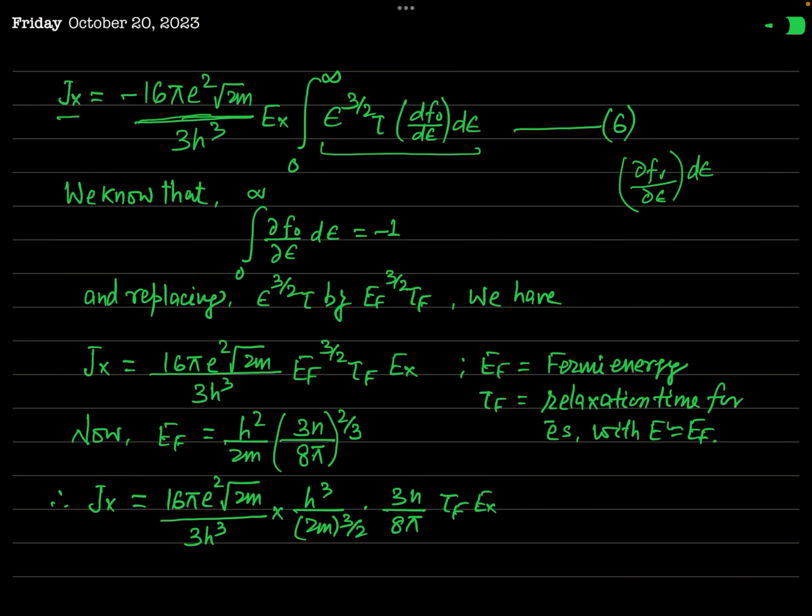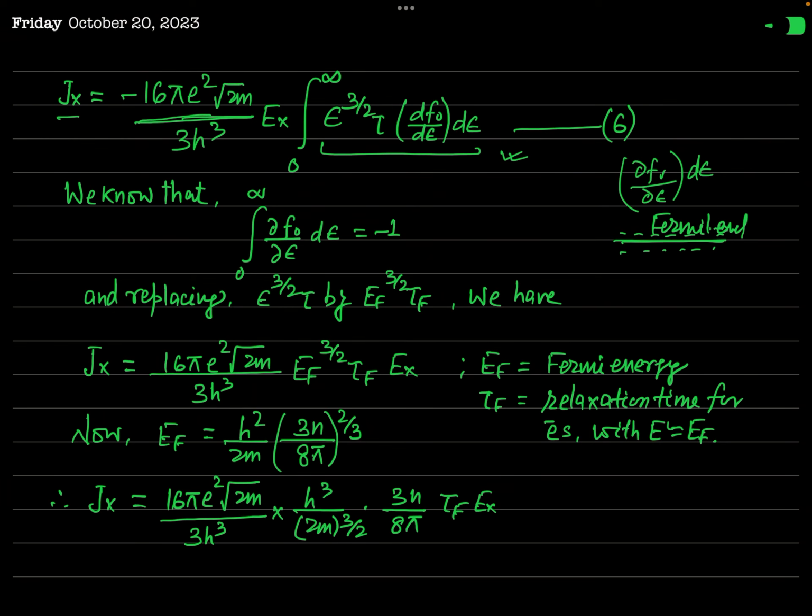Now actually for evaluating this integral, we think about only those electrons which are in the energy levels near the Fermi level. Let us see that this is the Fermi level. Then you have to think about only those electrons whose energy level is very close to this Fermi level.